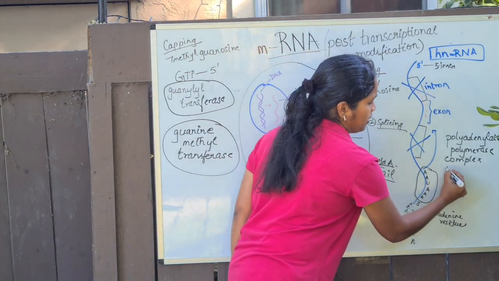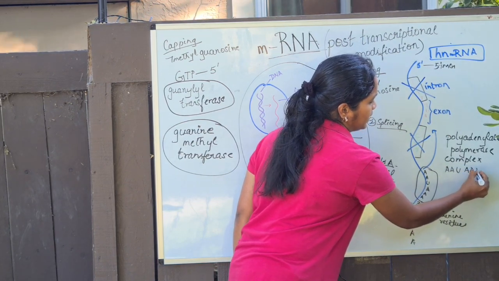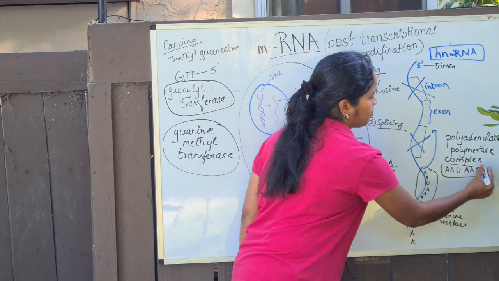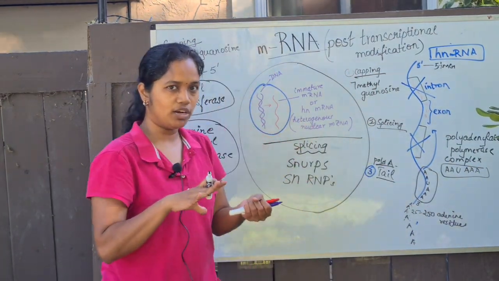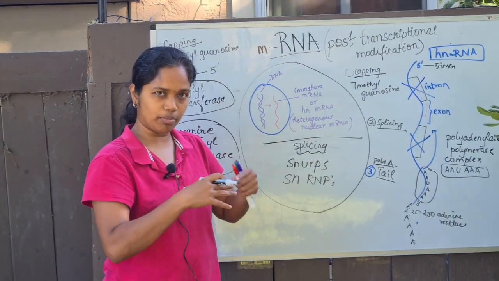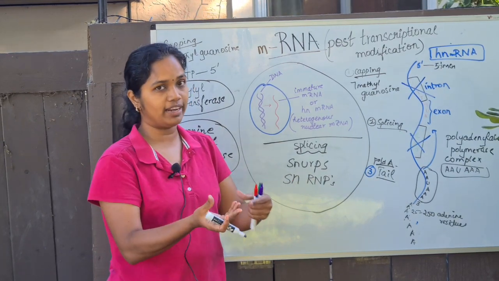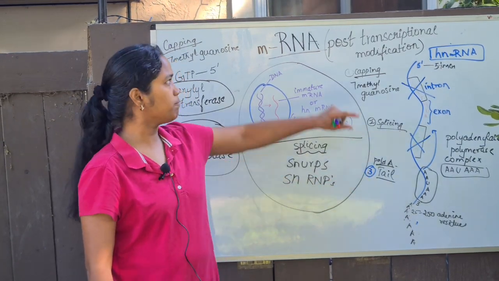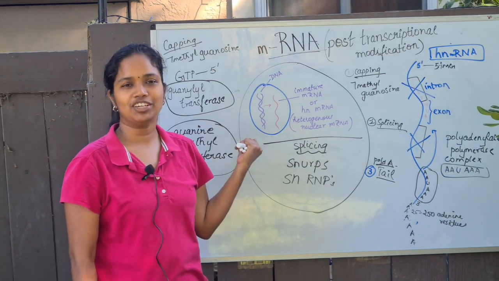It is quite simple. First it has to have 2 As, then U, then 3 As. So, this is the sequence. Once it identifies the sequence, it removes the immature mRNA downstream to the sequence, then it adds approximately 25 to 250 adenine residues to the 3' end. This is in short about the post-transcriptional modification of the mRNA.